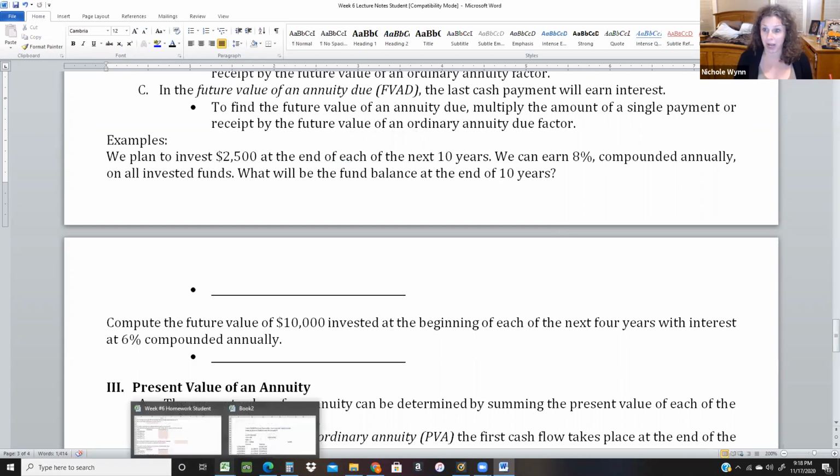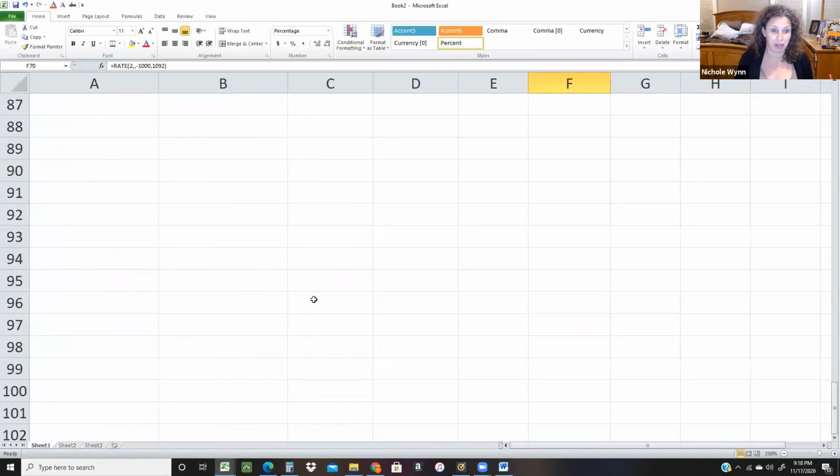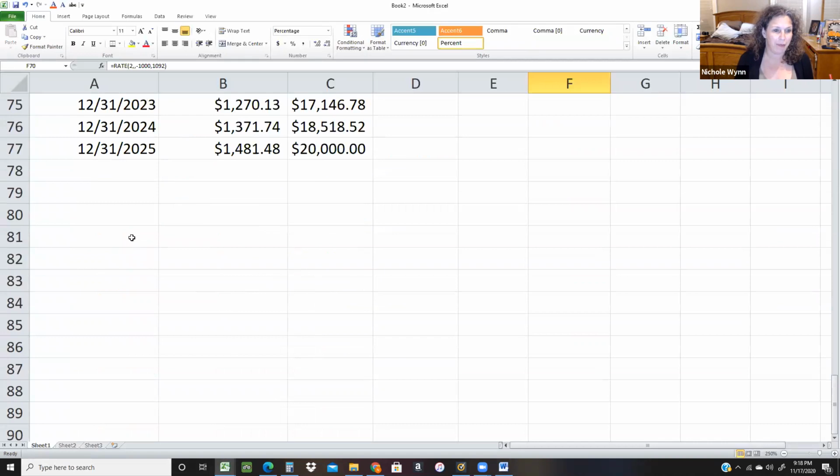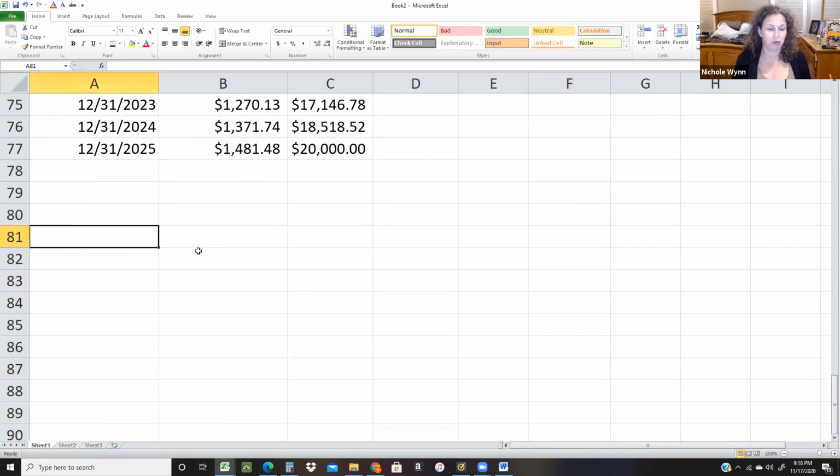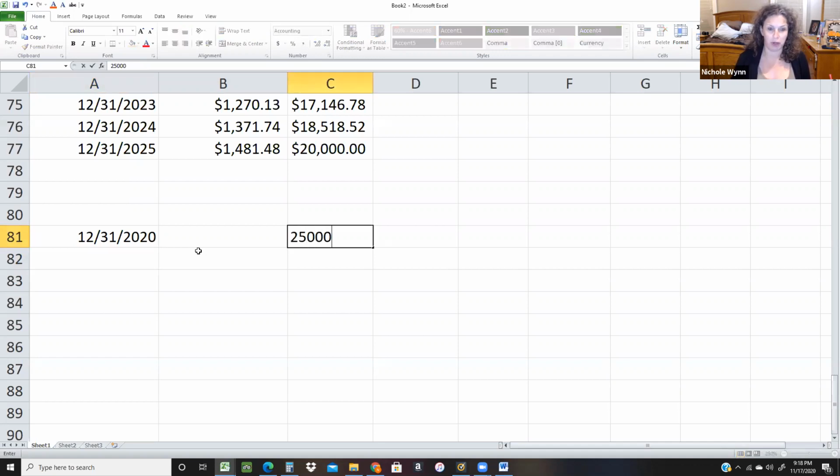We could do it manually. If we do this manually, at the end of year one, 12/31 of 20, you're going to deposit $2,500.